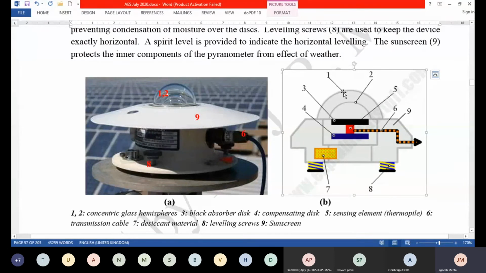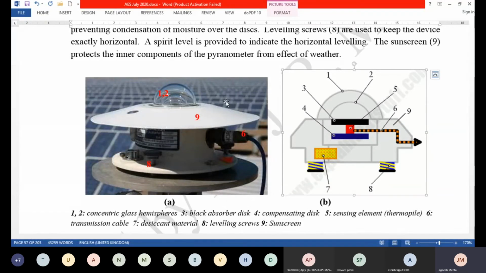There are good quality pyranometers, as well as certain devices which are marketed as pyranometers but actually have very high error in measurement.